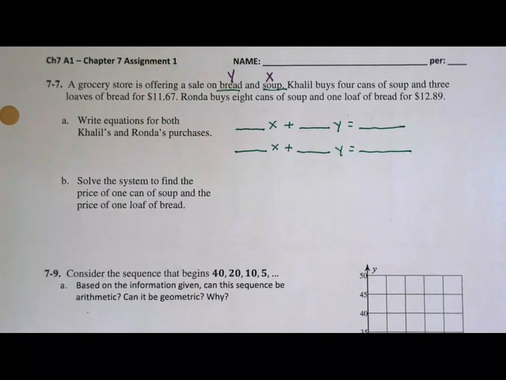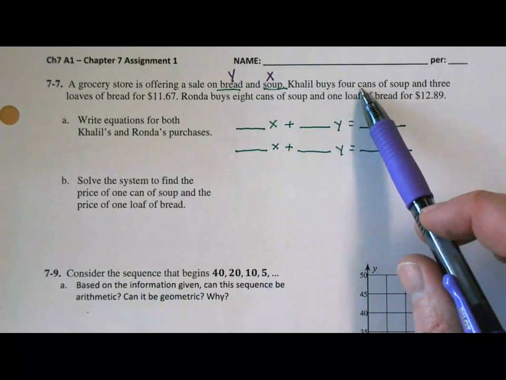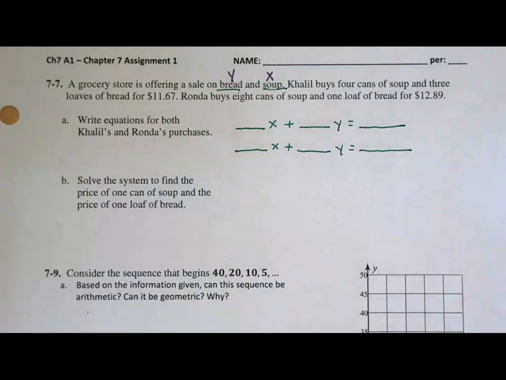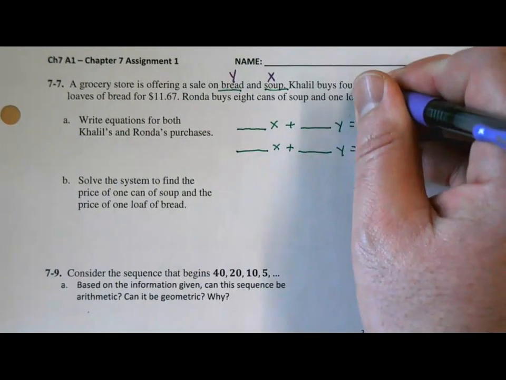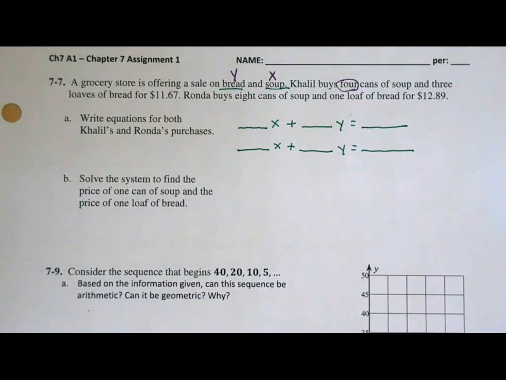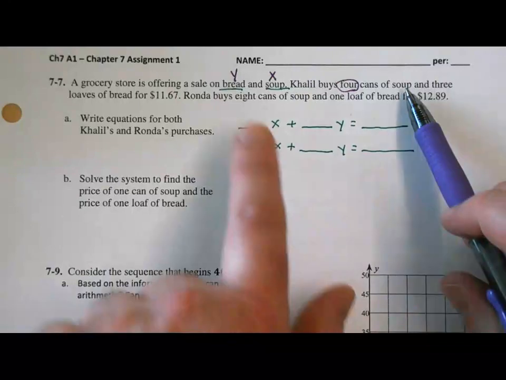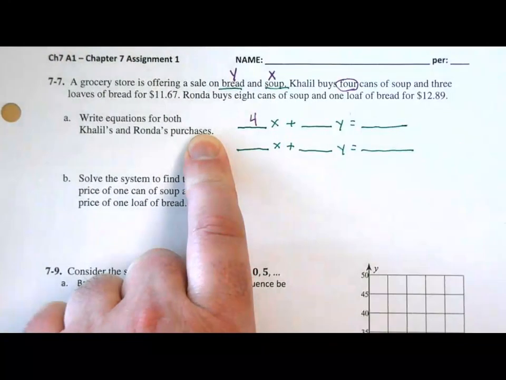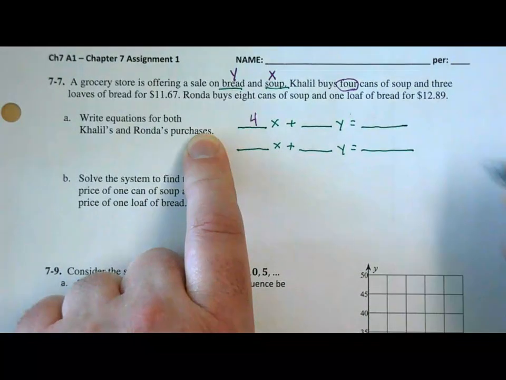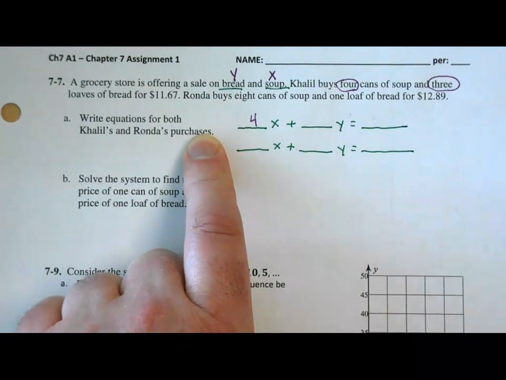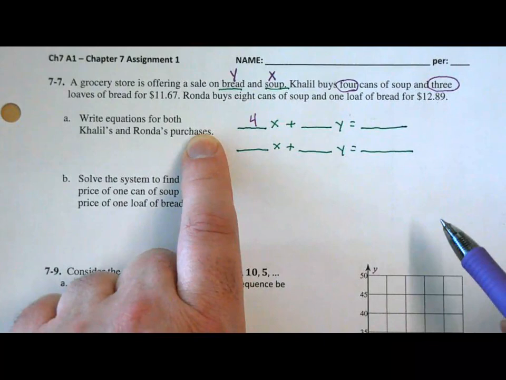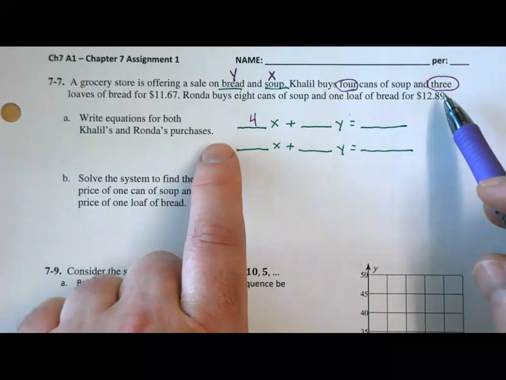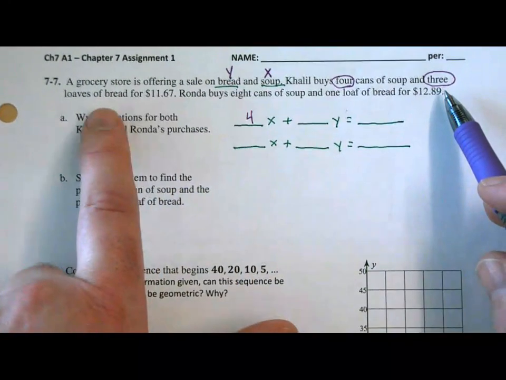So read Khalil's sentence. Khalil buys 4 cans of soup and 3 loaves of bread for $11.67. Tell me, where's this 4 going to go? 4 is going to go with x because x is soup. Put the 4 in front of the x for Khalil's equation. How about this 3? Where's that going to go in Khalil's equation? 3 goes with loaves of bread.